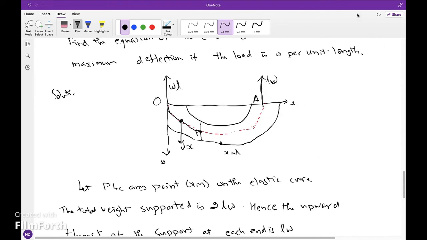So here, the external moments: this one omega x downward and this omega L upward, into x. So this part is x by 2, this one is x, equal to L midpoint.